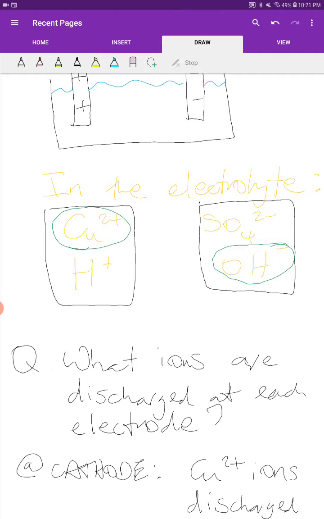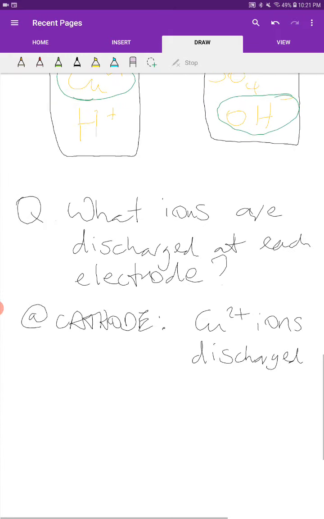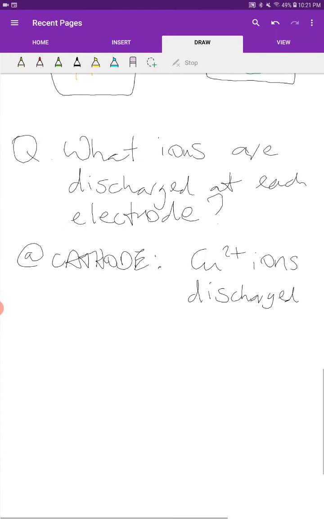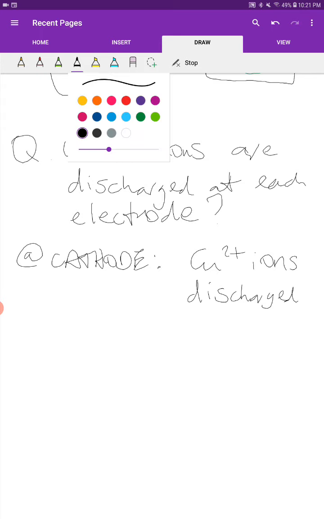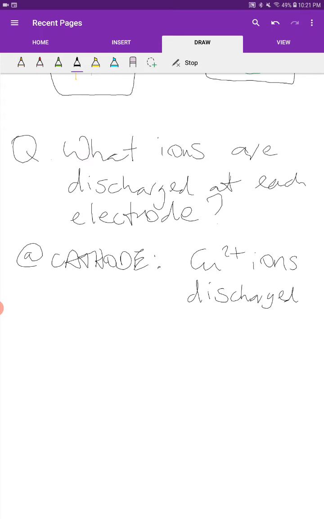And if they ask you what ions are discharged, most likely they will also ask you to write a half equation. Remember, your half equation is the equation that shows the movement of electrons. That's the only type of equation you will ever write where you have electrons in it.